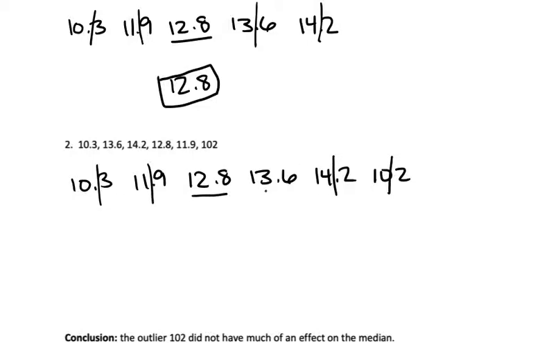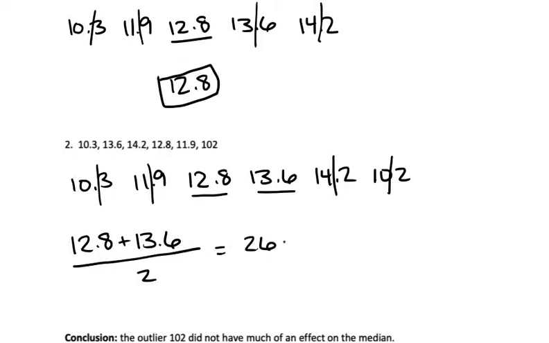Now there's two values in the middle, the 12.8 and the 13.6. And so I need to find the average of those two values. So I need to add 12.8 plus 13.6 and divide by 2. So when I add those two numbers together, I get 26.4.